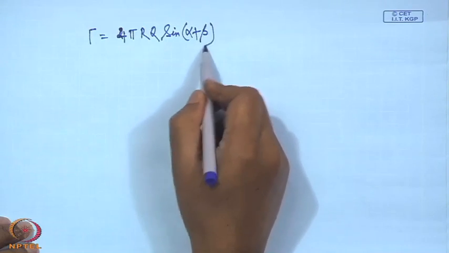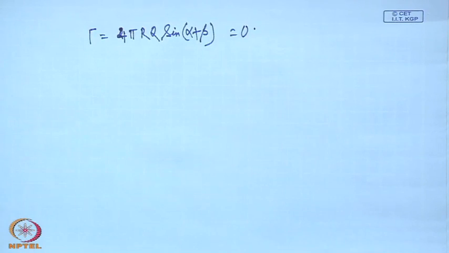How much is this? This is equal to 0, because for this case alpha is 0, beta is 0, it is a symmetric airfoil. Beta is related to camber, alpha is given as 0, and since this airfoil is uncambered symmetric, beta is 0. So, for this case there is no circulation, it is only a uniform stream plus a doublet.